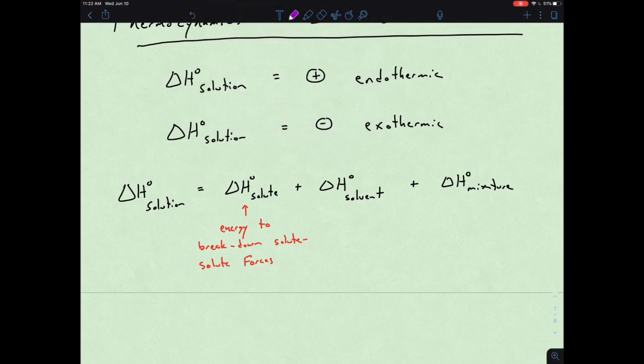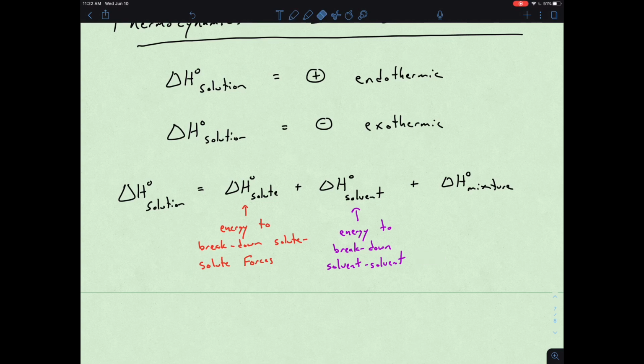While here with our delta H of solvent, it's very much the same. This is the energy to break down solvent forces of attraction.